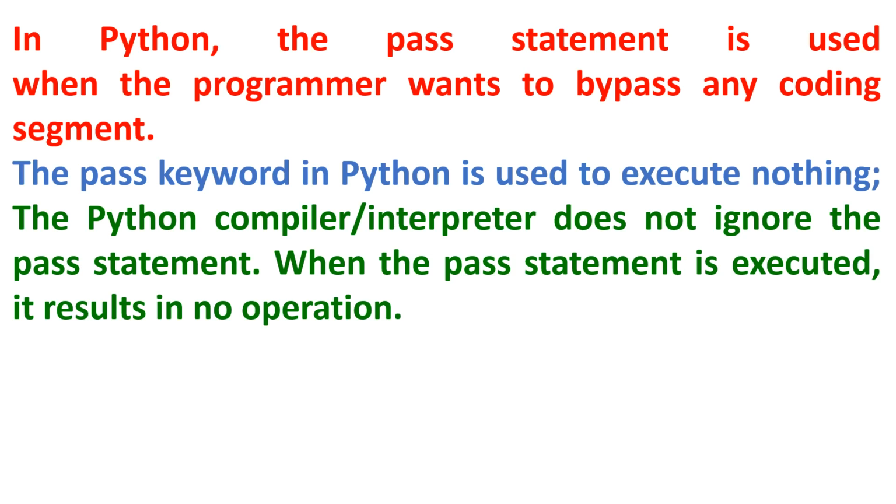We want to ignore it, we will write it later. So then we have to write the pass statement there so that the compiler does not give an error. The pass keyword is used to execute nothing. The Python interpreter does not ignore the pass statement; when it is executed, it results in no operation.